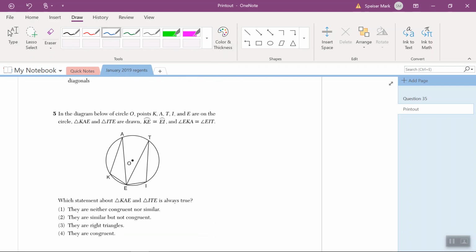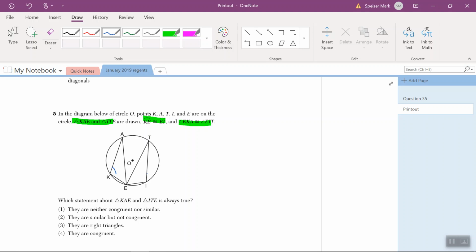In the diagram below of circle O, points K, A, T, I, and E are on the circle, where triangle KAE and triangle ITE are drawn, arc KE is congruent to arc EI, and angle EKA is congruent to angle EIT. So let's mark off the givens.